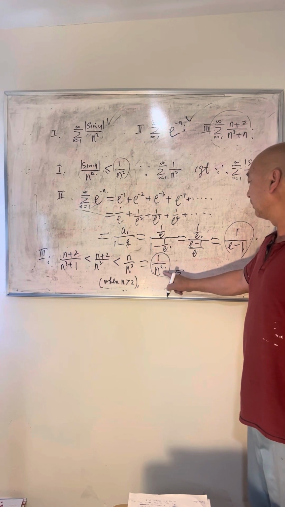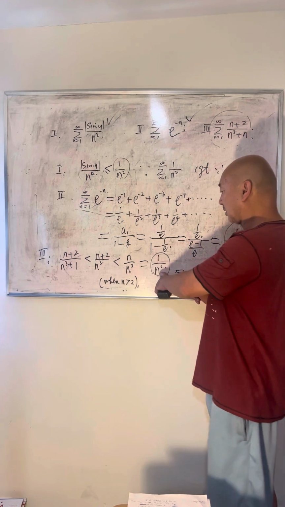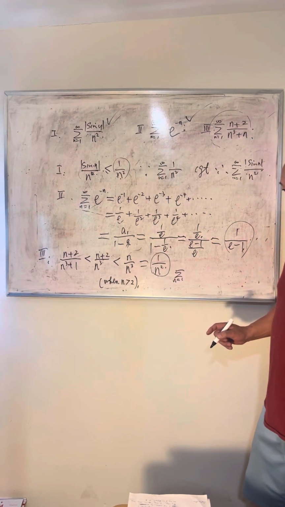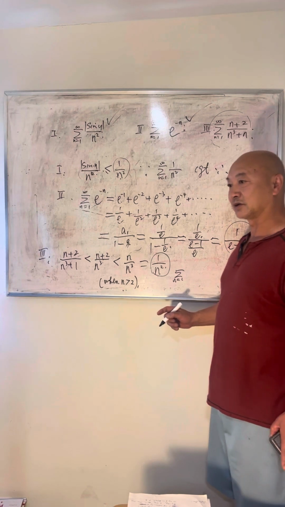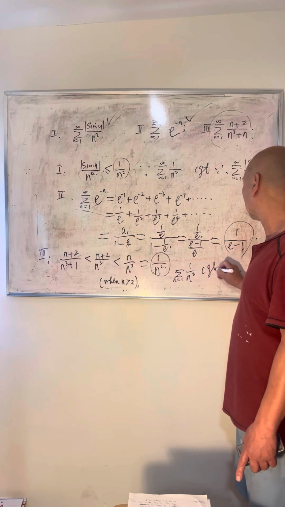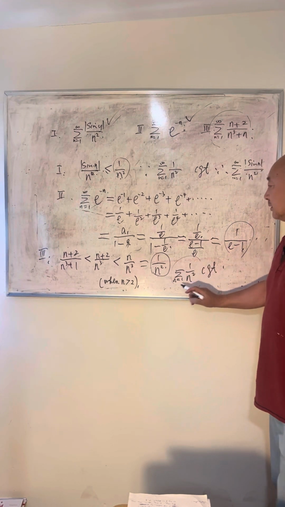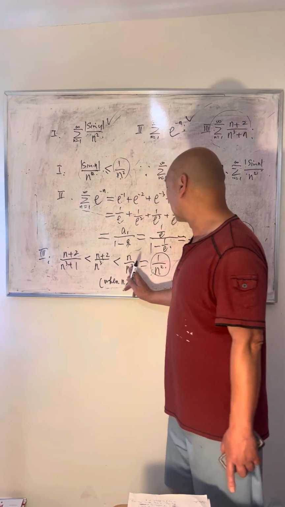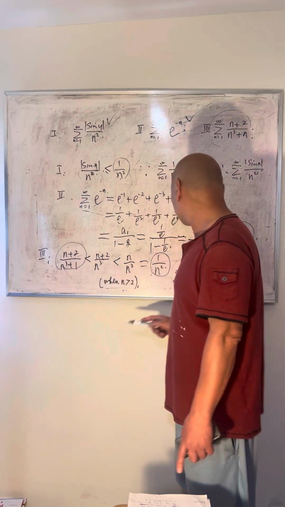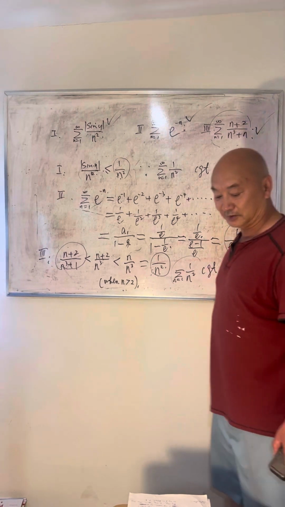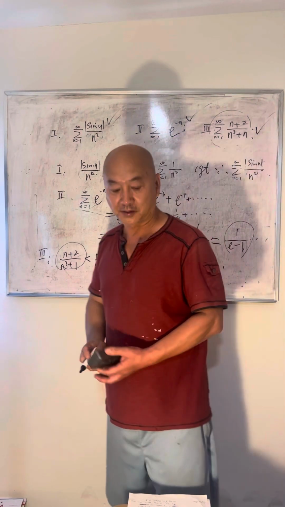We usually use this one to compare with series to determine whether a series is convergent or divergent. The big one is convergent, so the small one must be convergent also. So this one is convergent. This is an example.